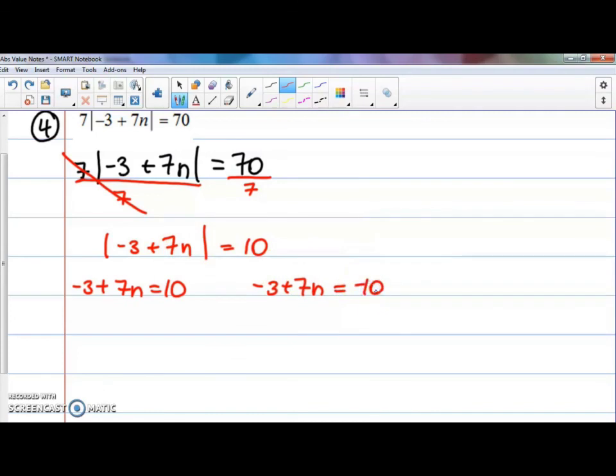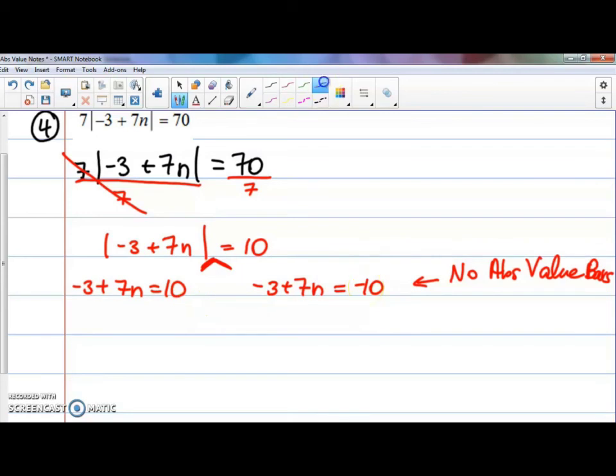I'm just going to remind you, at this step, there are no absolute value bars when you make your two cases. That's extremely important. That's because, if you remember, the absolute value bars cannot equal a negative, so it equals a positive. When you set up your two cases, you don't have to worry about that anymore because there are no absolute value bars. So this is 10 away from 0, and that one's also 10 away from 0, is negative 10.